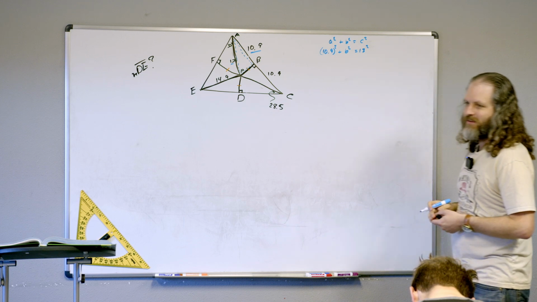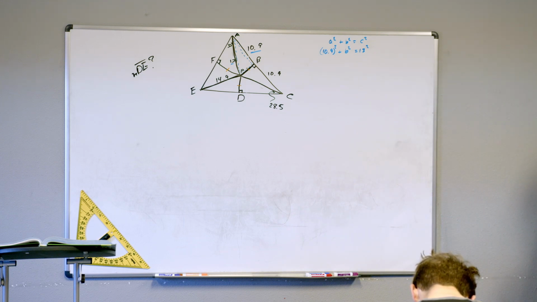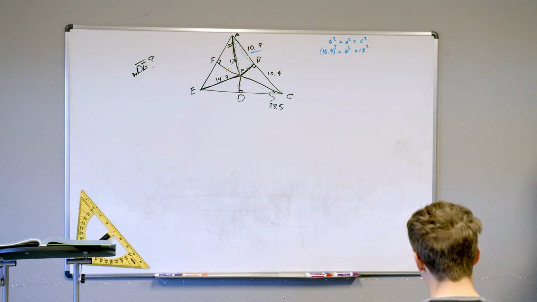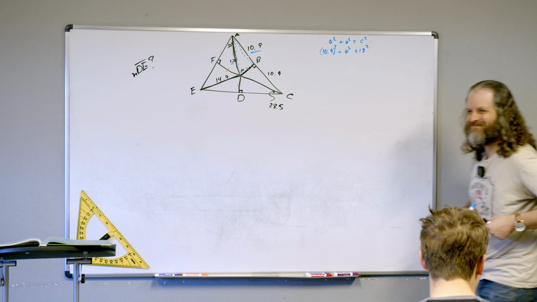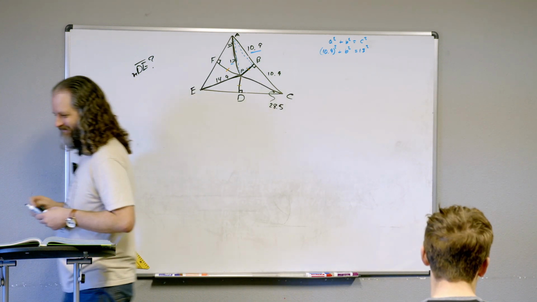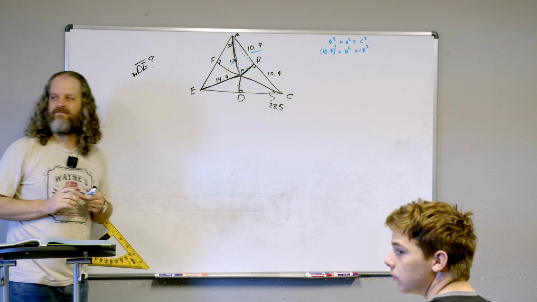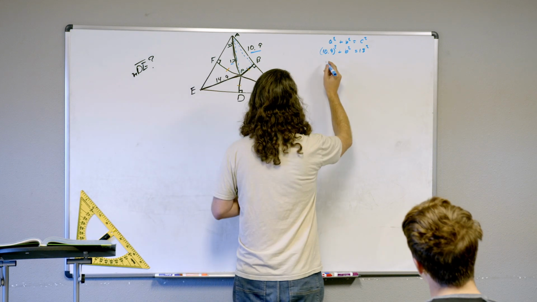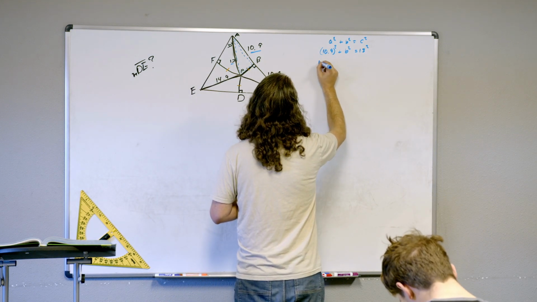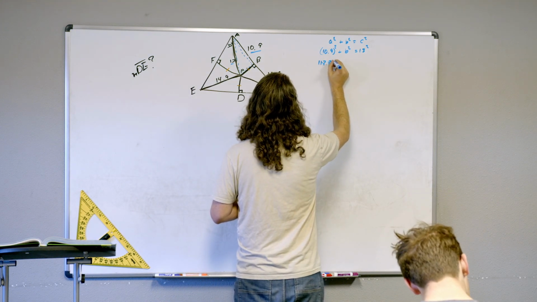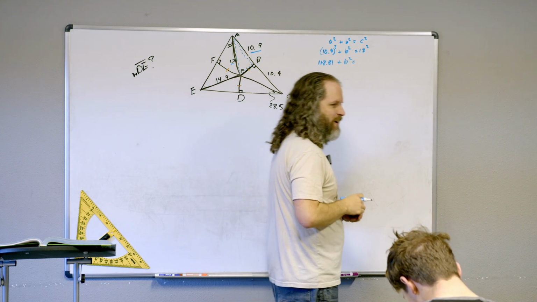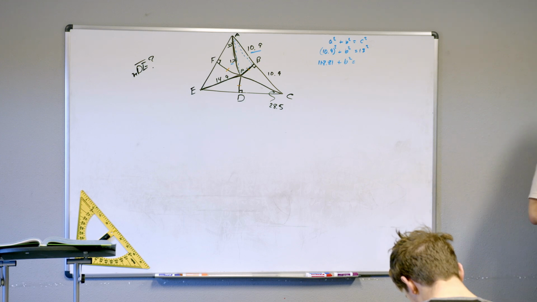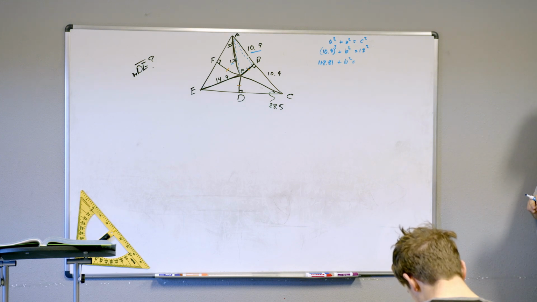What's 10.9 squared? 100 and something. This is 118.81. I was going to say 118, but I didn't know the 81. B squared equals, well, 13 squared, 169.